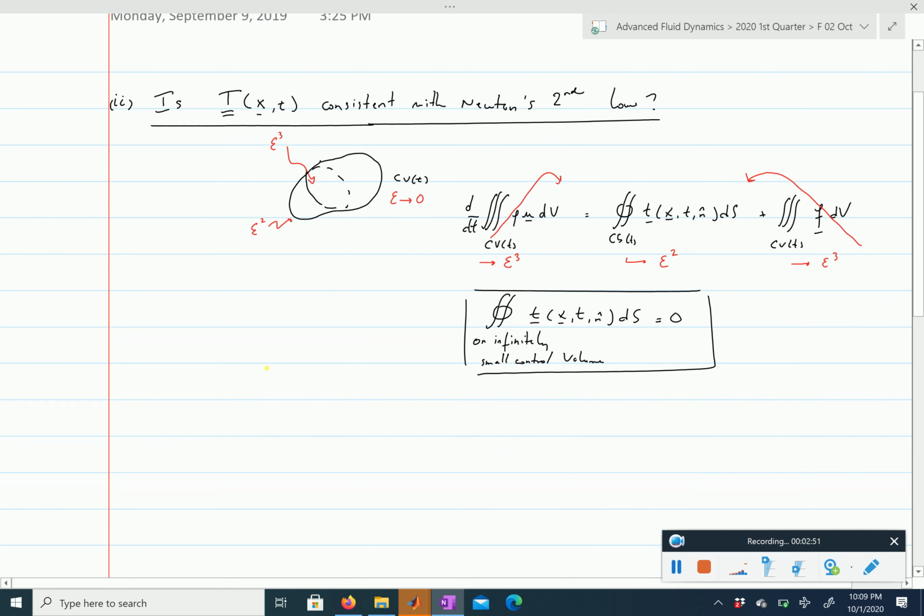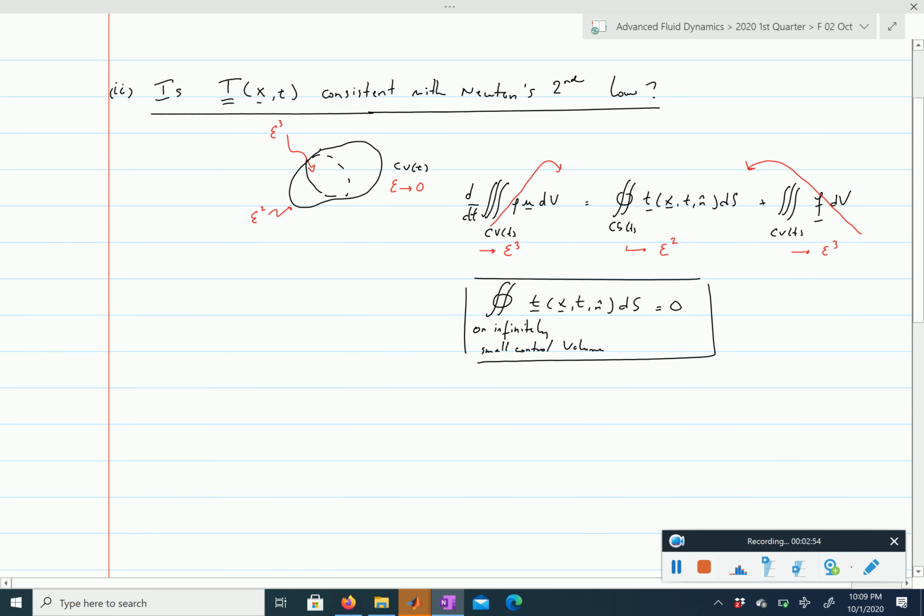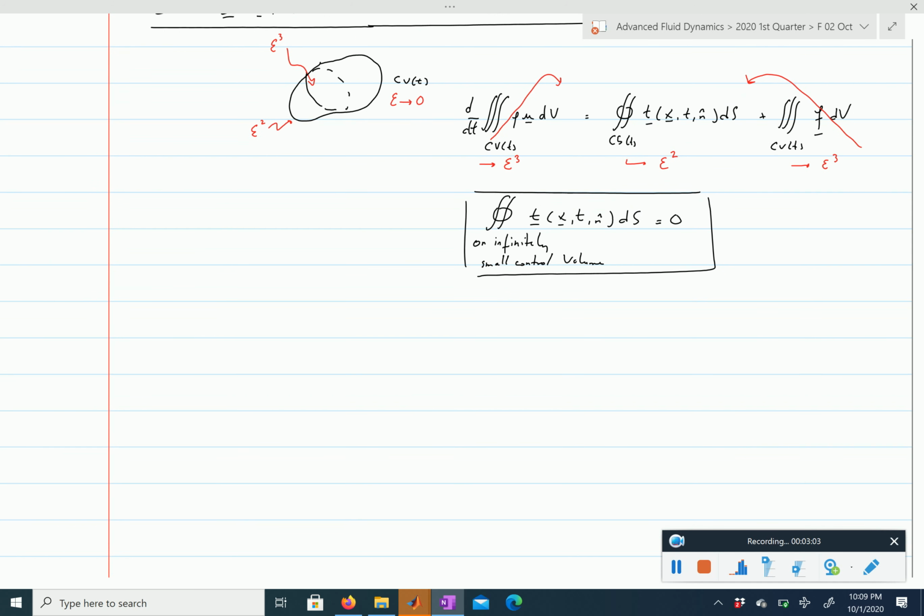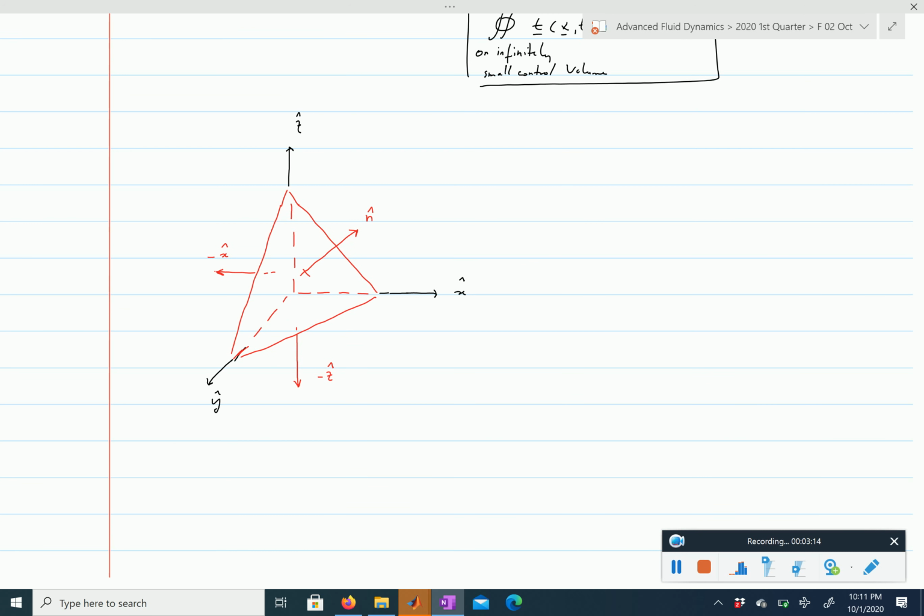So let's see if our tensor notation is consistent with this description of the state of stress in a fluid. What I'm going to do here is consider an infinitely small control volume, and I'm going to give it a special shape to make things easier. I'm going to assume that my control volume is this tetrahedron here, and I'm going to look at the stress vectors on each face.